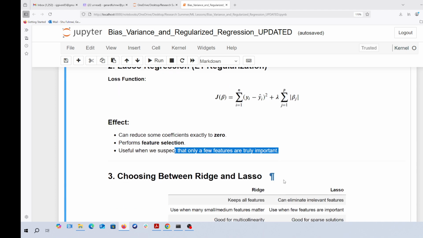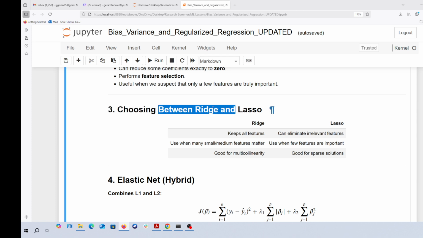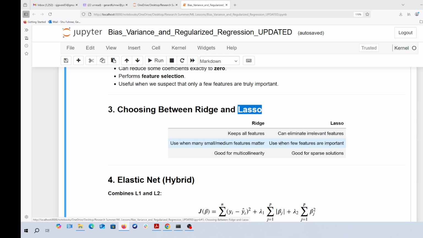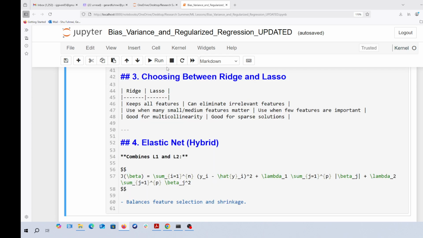It's also useful when we suspect that only a few features are truly important in the model predictions. So the key takeaway for ridge and lasso regression is that when we want to keep all the features in the data, we can use ridge regression. But if we want to eliminate irrelevant features, or features with a lot of noisy data, we can use lasso regression.